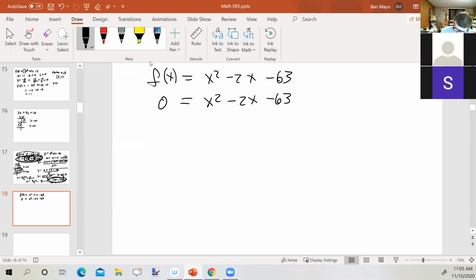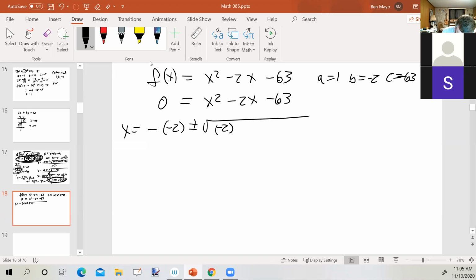Remember, f of x is another name for y. So let's see here. A is 1, b is -2, and c is -63. So x equals -b plus or minus the square root of b squared minus 4ac all over 2a.